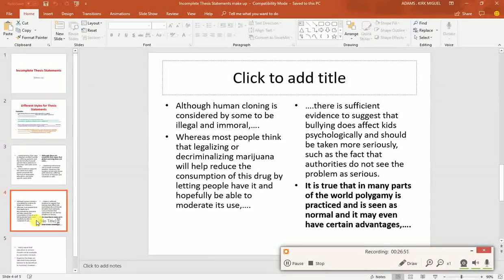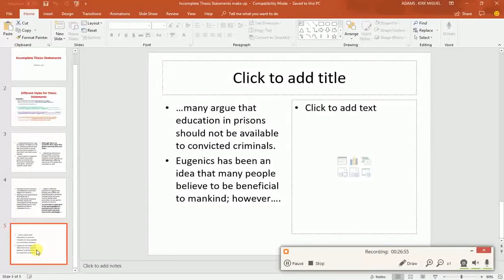Here we have 4 more. And here we have 2 more. Some of these I think we've already seen, so it's a little bit repetitive, and excuse me for that oversight. That's what you have to do in order to master the incomplete thesis statements. Good luck.